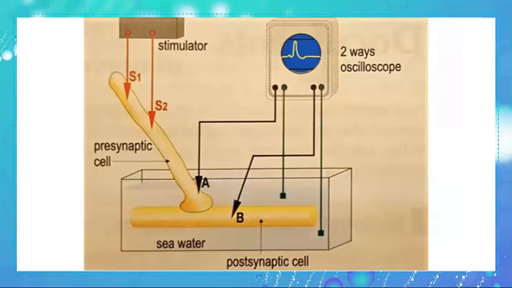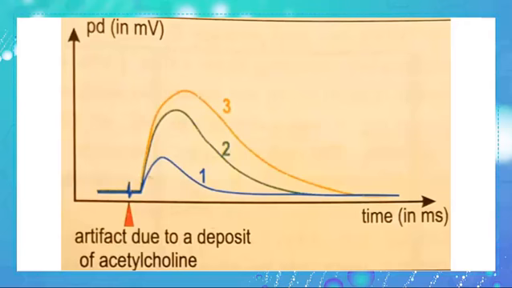But when the dose of acetylcholine injected to the synaptic cleft is increased, the screen of the oscilloscope connected to neuron B records the following. Notice that the depolarization in neuron B increases more each time. Of course, when this depolarization reaches the threshold, an action potential will be fired in neuron B.